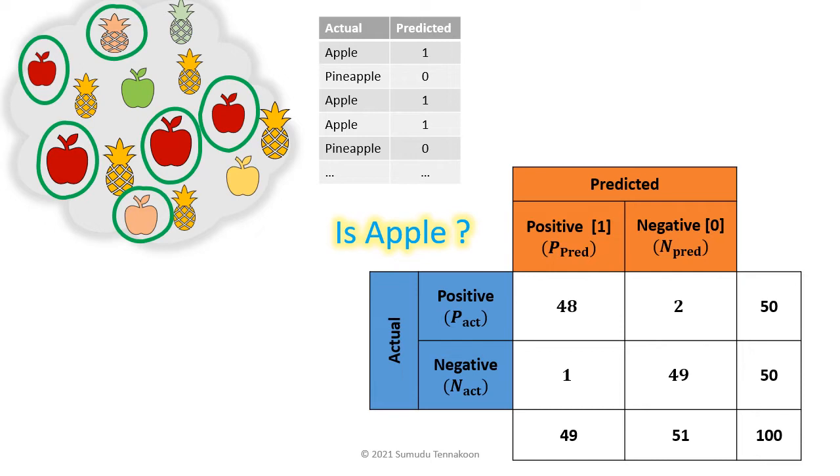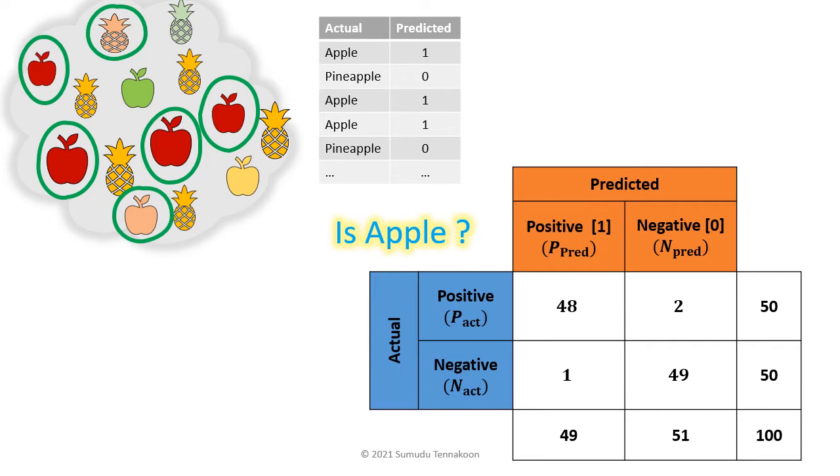So these predictions we can tabulate to quantify how many good predictions and how many bad predictions, in the table below. I will be using rows to indicate the actual result, the known outcome, or the ground truth. Actual positive means it is an apple. Actual negative means it's not actually an apple. Let's focus on the columns in orange.